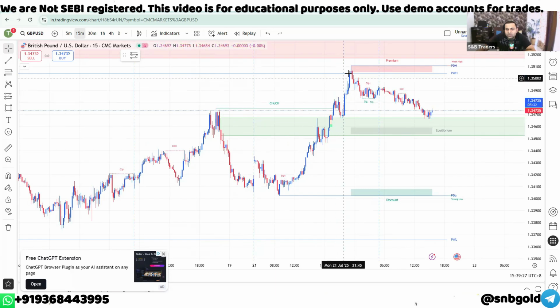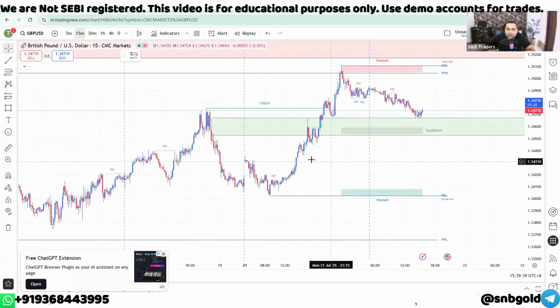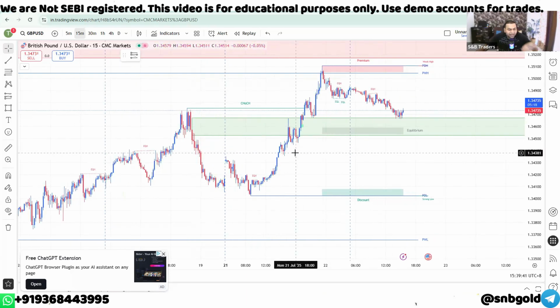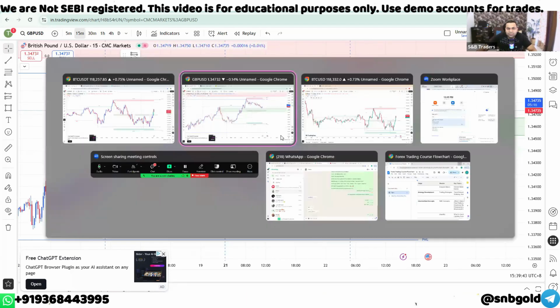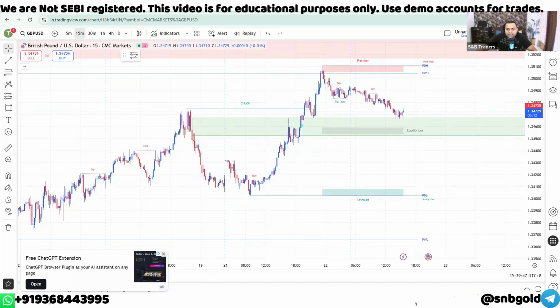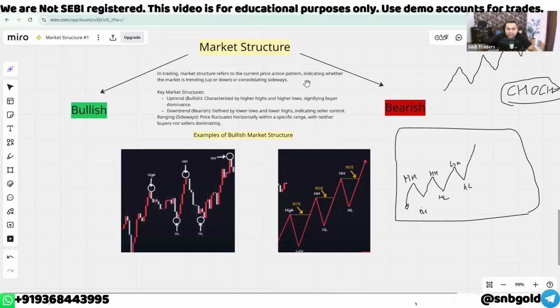And now, once there is a change of character from this downside market, this market has now become a bullish market. Now we are only going to look for buy trades, and we need to have a directional bias when we enter this market. And how do we identify this directional bias?